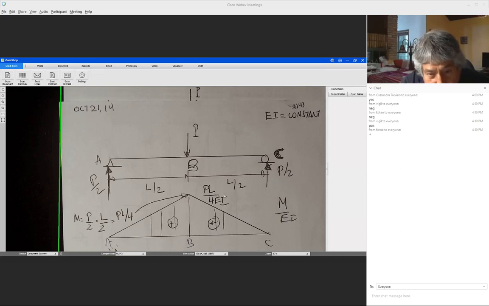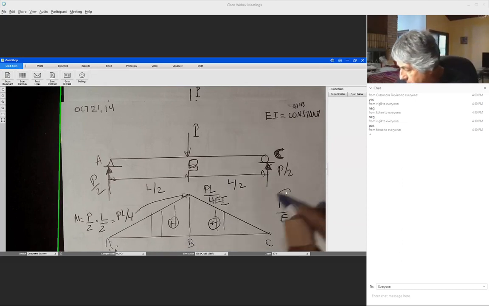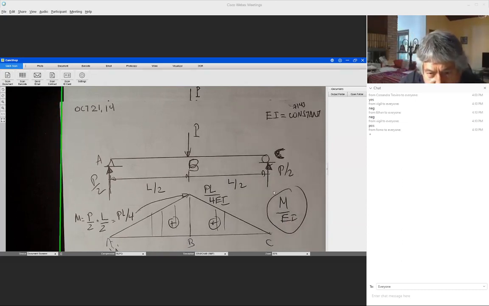So you have to divide every single value of the moment by a constant EI. The shape is exactly the same. Since EI is constant, this is the M over EI diagram, and its shape is exactly the same as the typical moment diagram divided by EI.